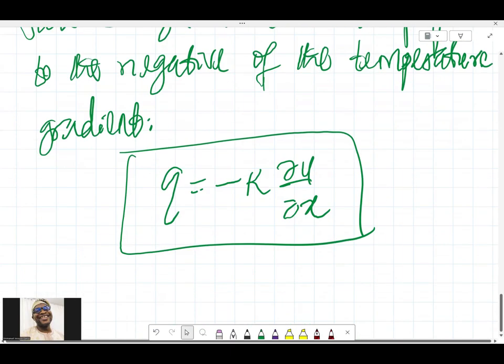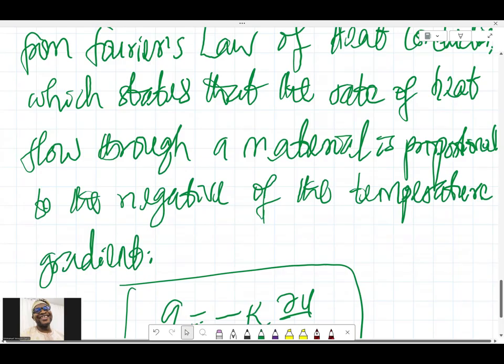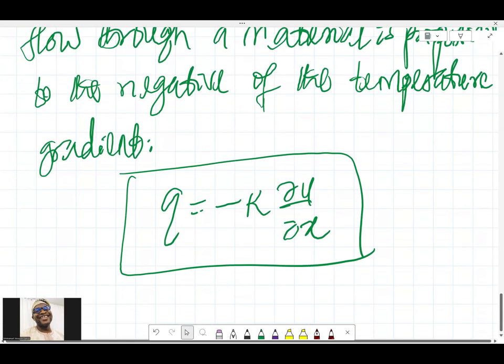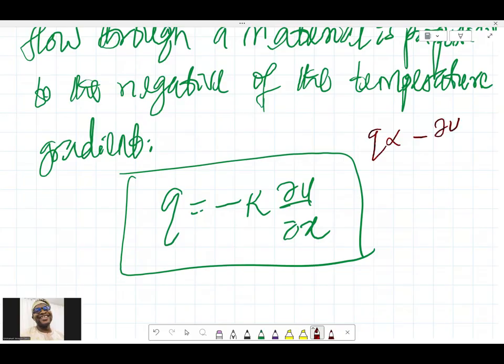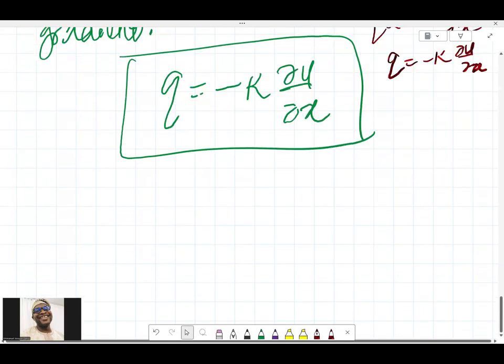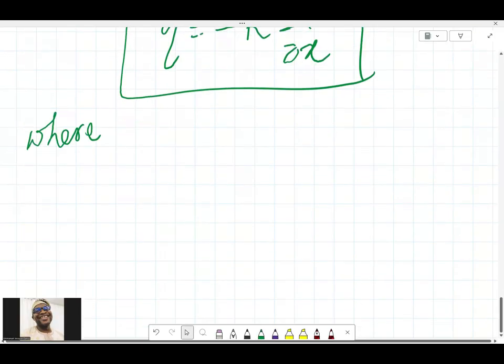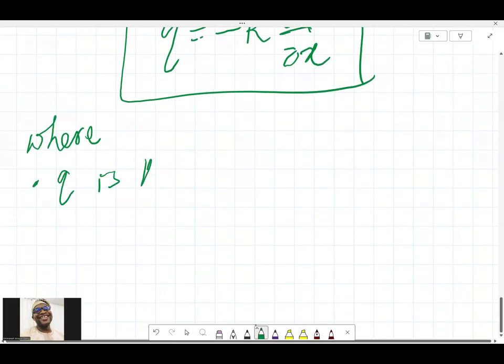So the rate of heat flow, Q, through a material is proportional to the negative of the temperature gradient, partial U partial X. And then we have Q equals minus K partial U partial X, so that K will just be a constant, where Q is the heat flux.